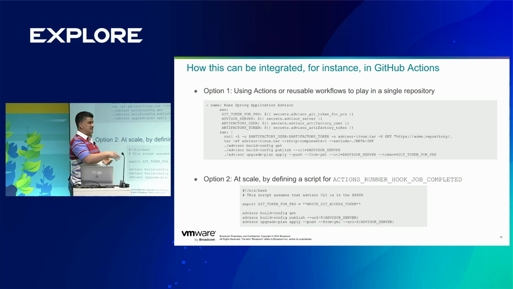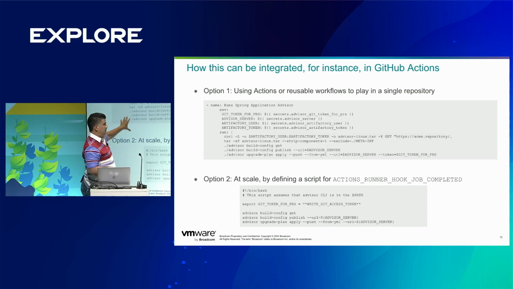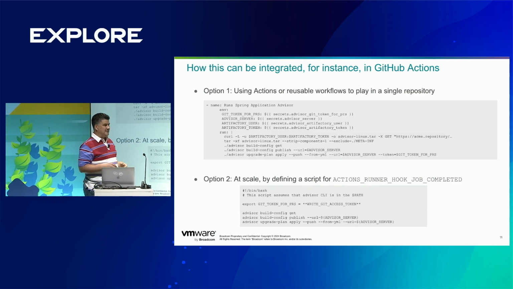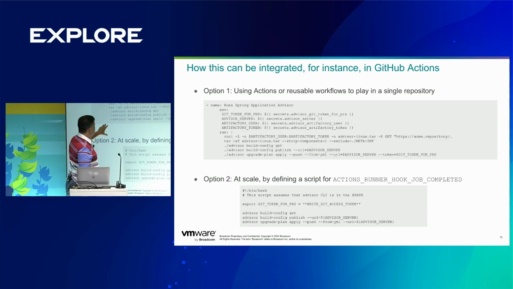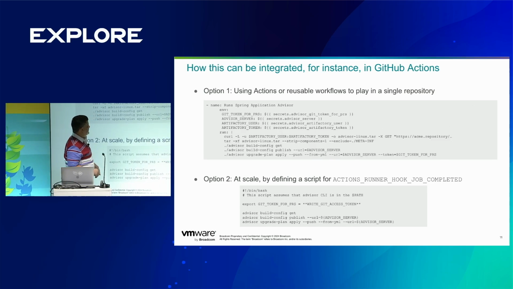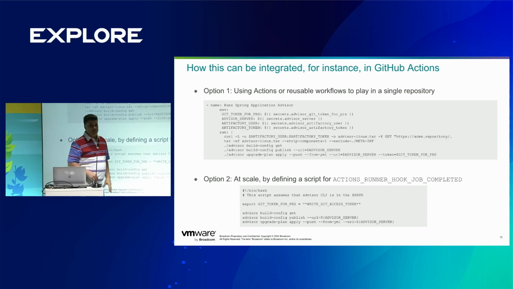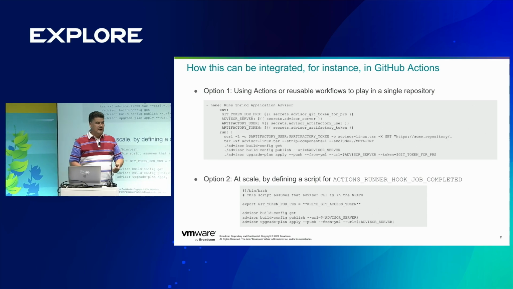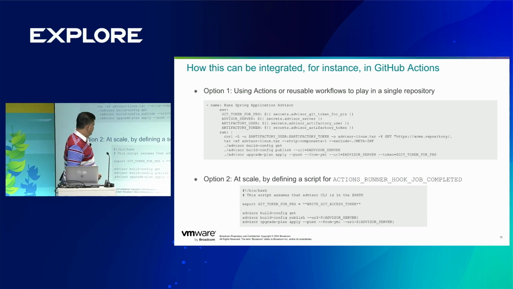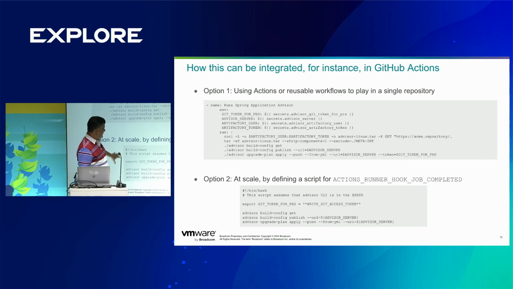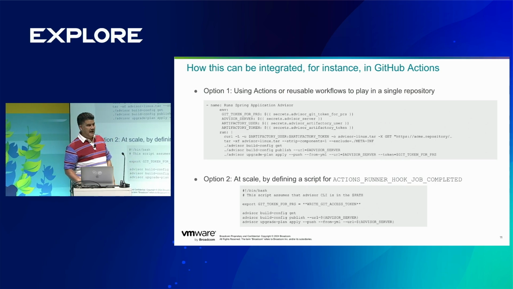So if you want to get access to the Advisor CLI or the commercial recipes or other things that are in there, you could do it from here. And then you actually apply using all the information. This is something that you can do if you're using GitHub Actions today. And then down here, you define the job hook, and once it's completed, how it moves on to the next step.